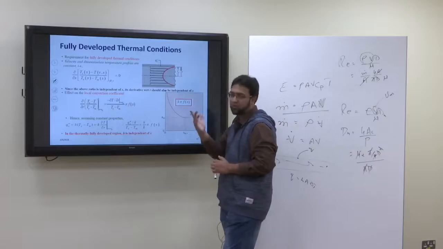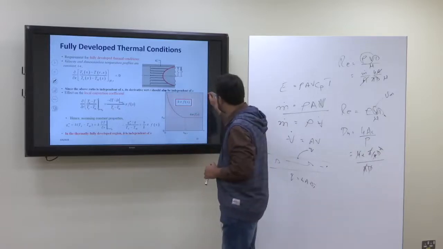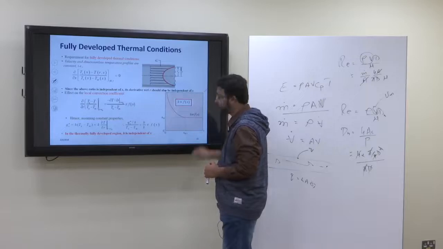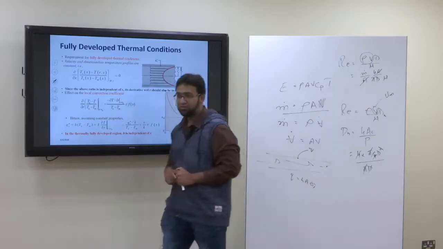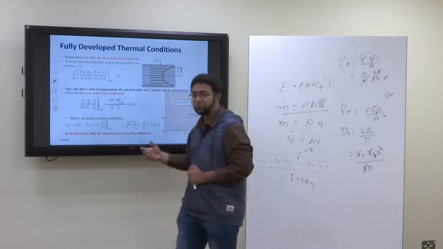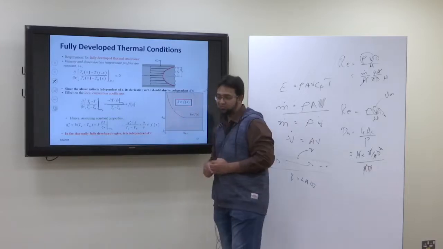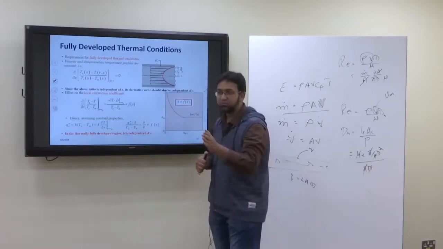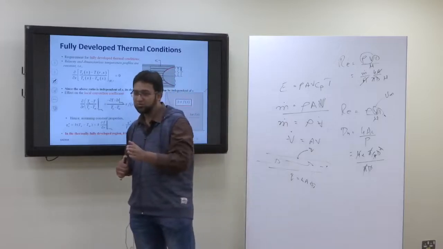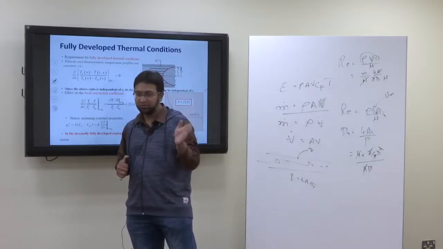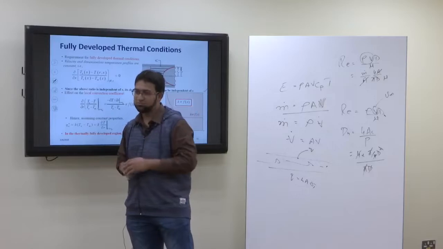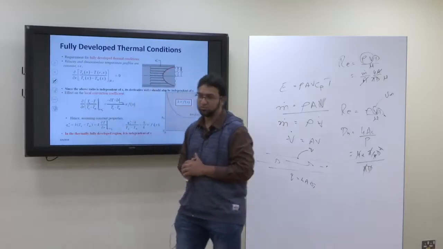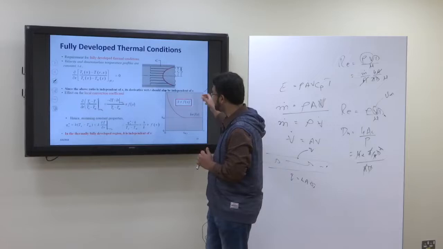Okay, so this is a property that you should know, and this graph you should memorize, just to know that for the case of internal flows, after fully developed flow, heat transfer coefficient becomes constant. Okay.